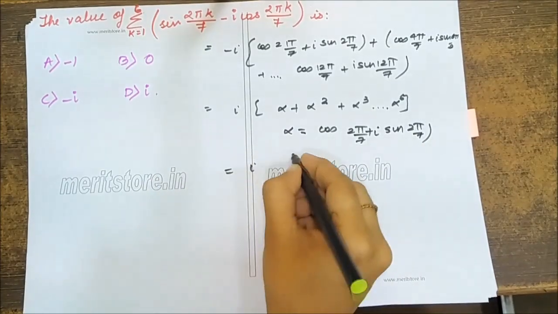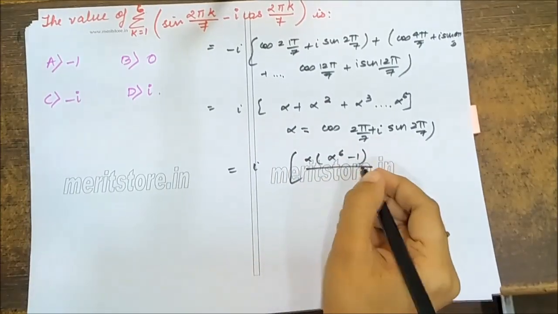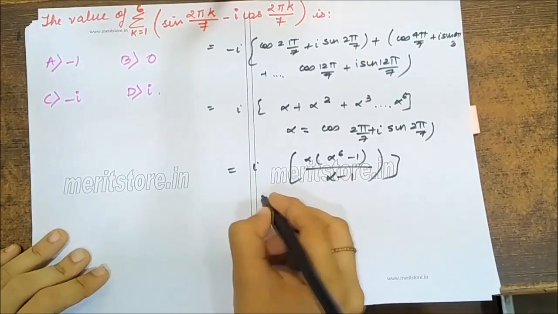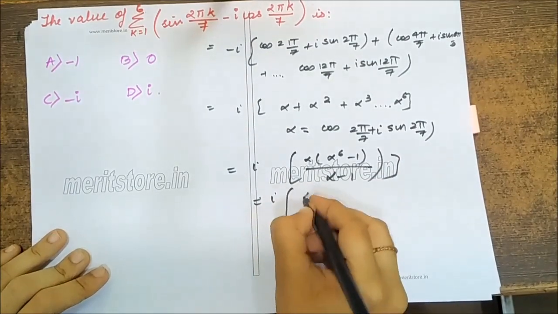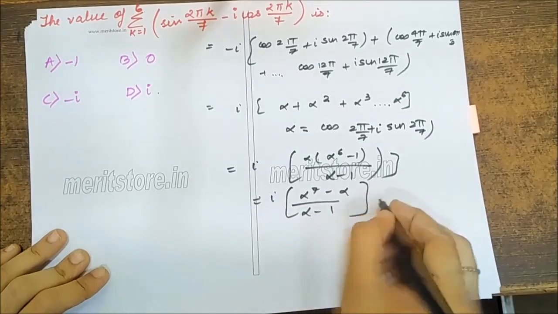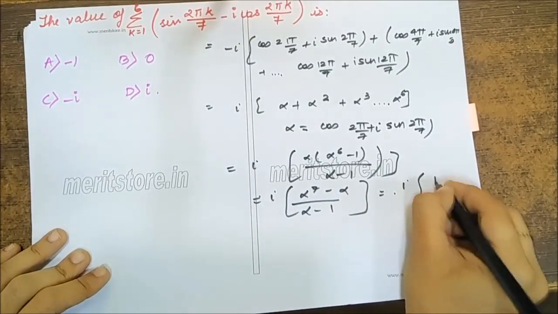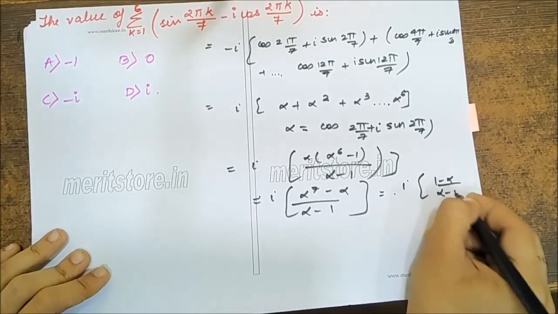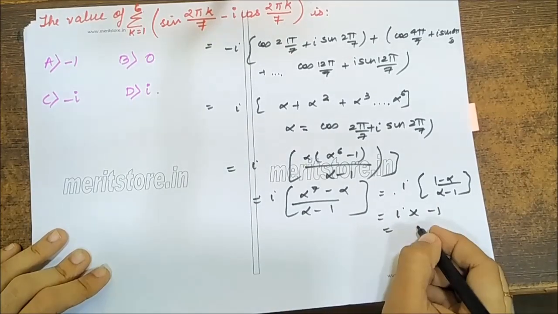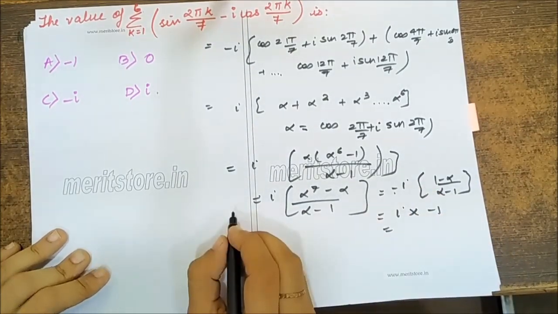That is equal to I alpha raised to 6 minus 1 upon alpha minus 1. I'll open the bracket, alpha raised to 7 minus alpha upon alpha minus 1. What you get is I into 1 minus alpha upon alpha minus 1, I into minus 1, that is, this is a minus.